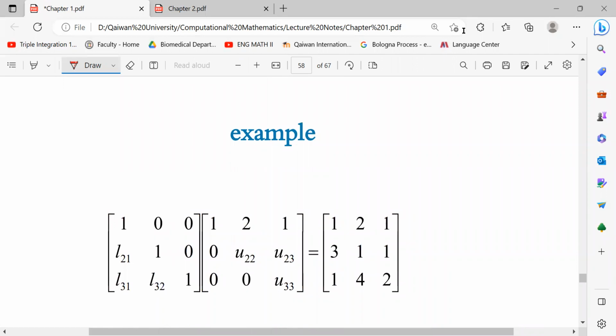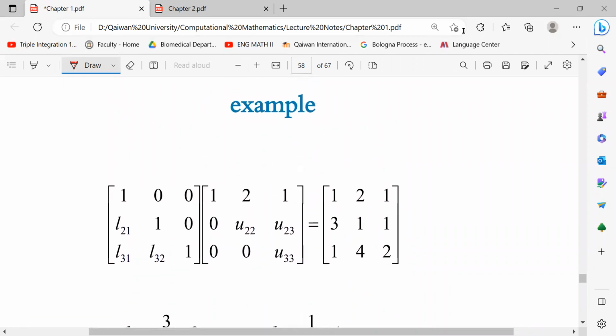Now, we say L21, L31 are the same as these two values. They have the same as this, but sorry, it's not the same actually.